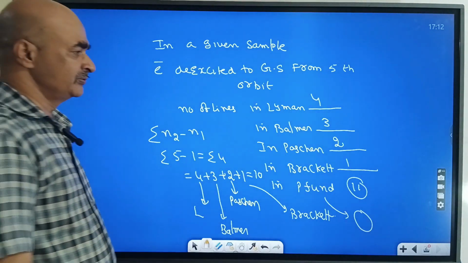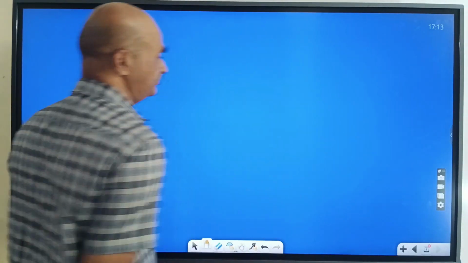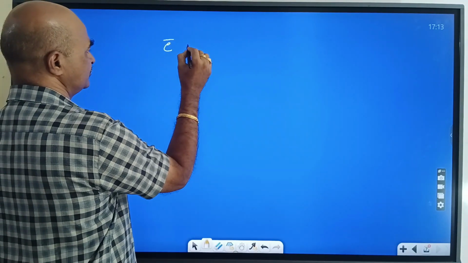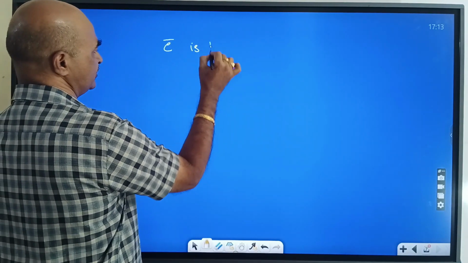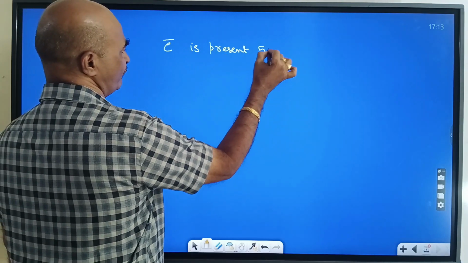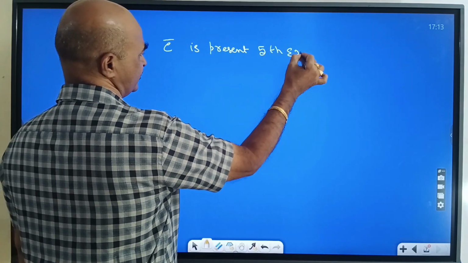Okay, another example. Electron is present in the fifth excited state.